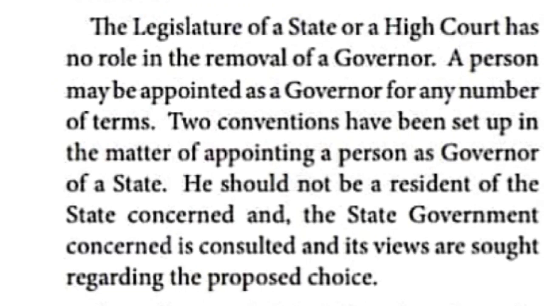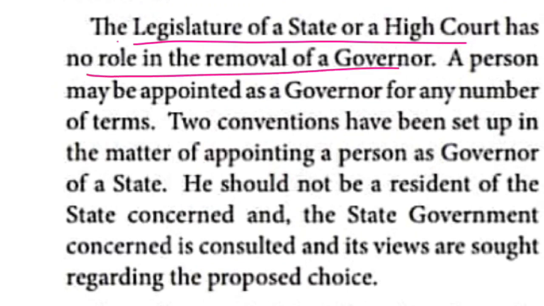When the governor is in the post, no one has the right to force him to resign, or to remove him from his post. So that is the line, children. Here the legislature of a state or a high court has no role in the removal of a governor.